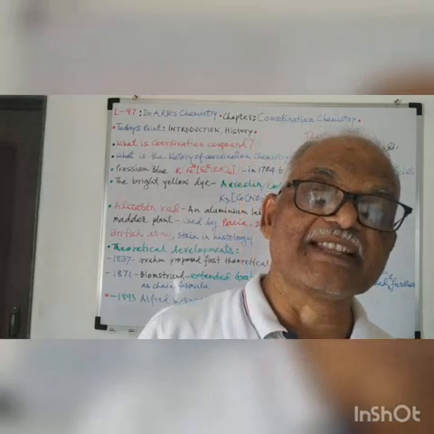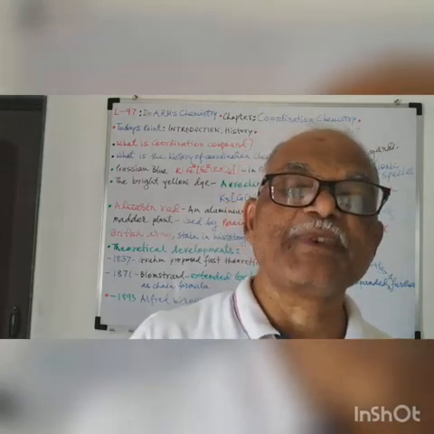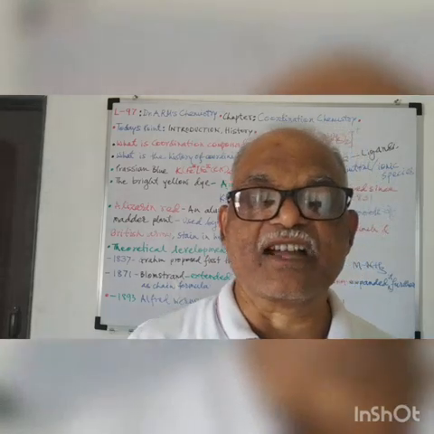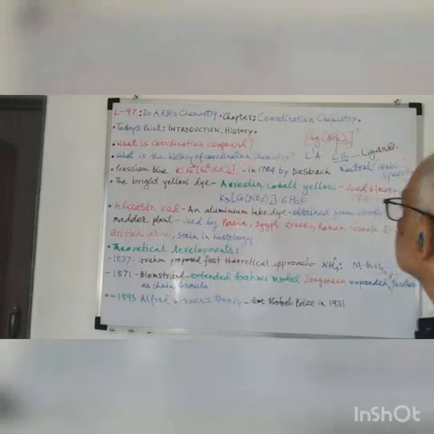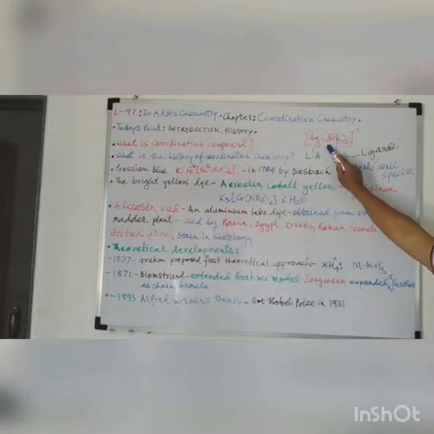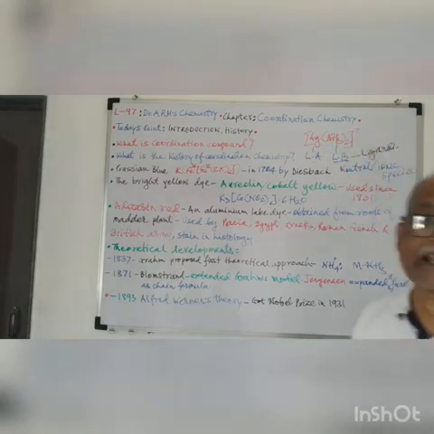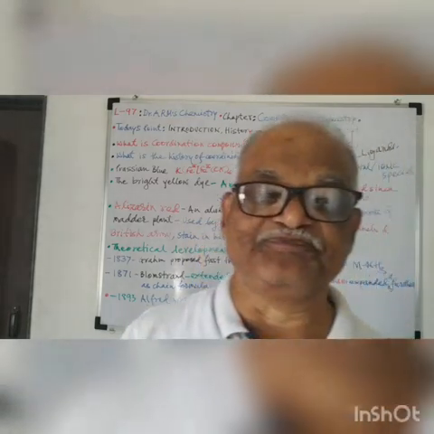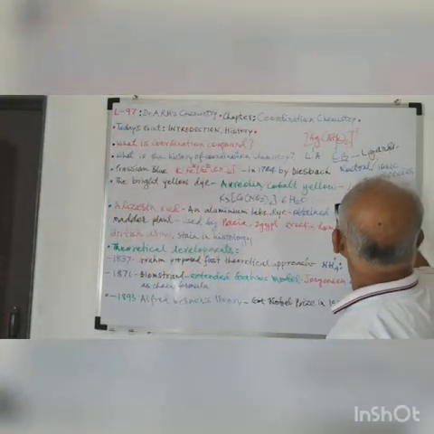Only then can we say it is a coordination compound. Sometimes we can have both cations and anions of complex nature. Here [Ag(NH3)2]+ is a complex cation. Similarly, we can have a complex anion like this.